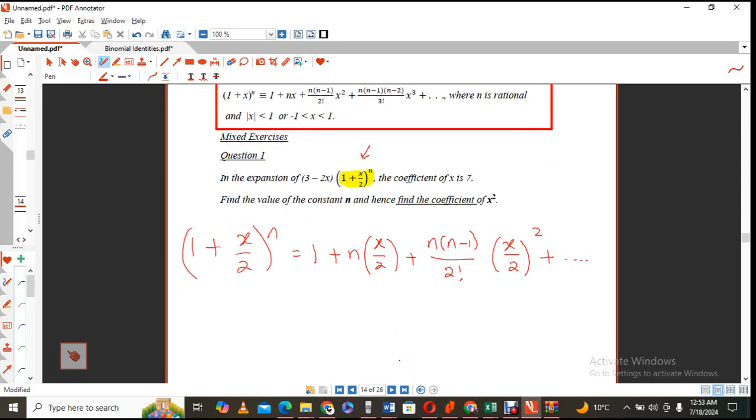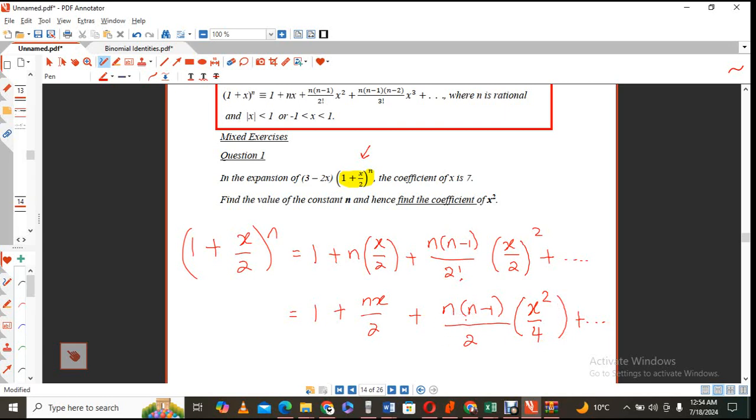So I have now 1 plus nx over 2, and then plus n minus 1 over 2 factorial, which is also just 2, and this is nothing here but x squared over 4, and so on.